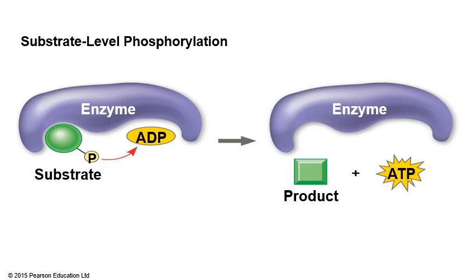As you can see in the picture, the enzymes' active sites bind the substrate with phosphate, and another site binds ADP, and those enzymes take the phosphate group and transfer it to ADP to produce ATP.